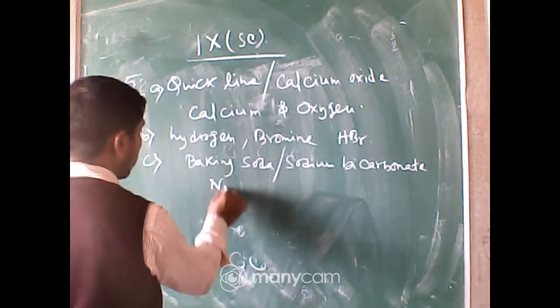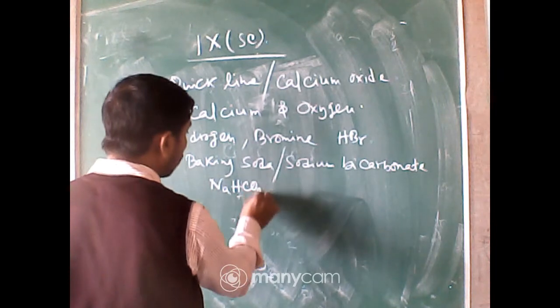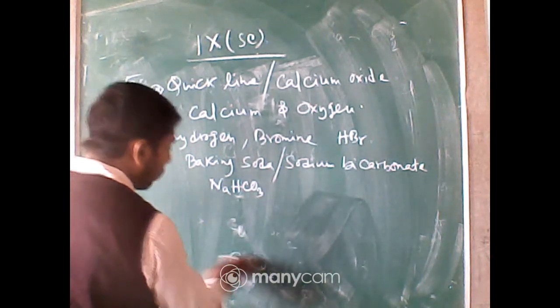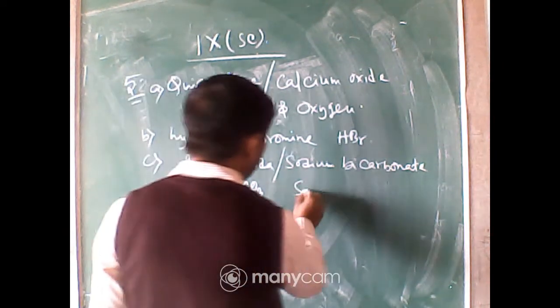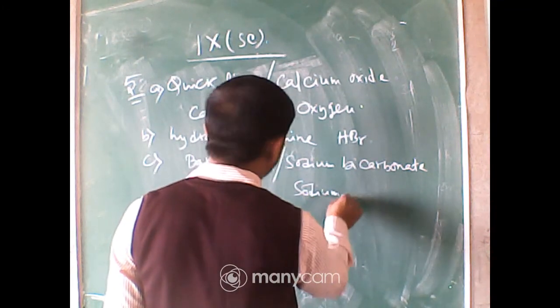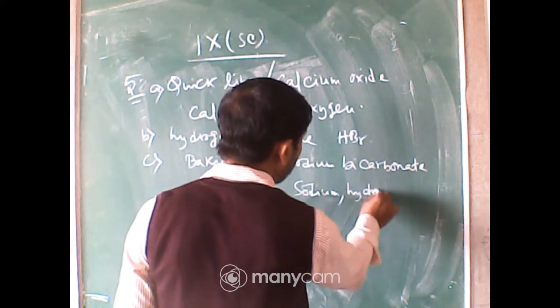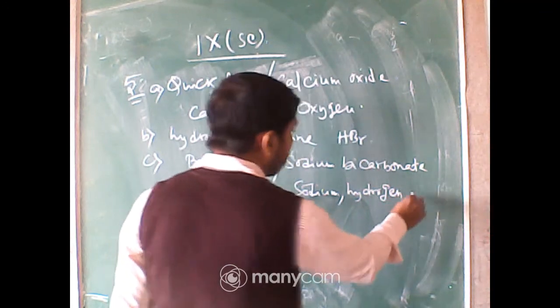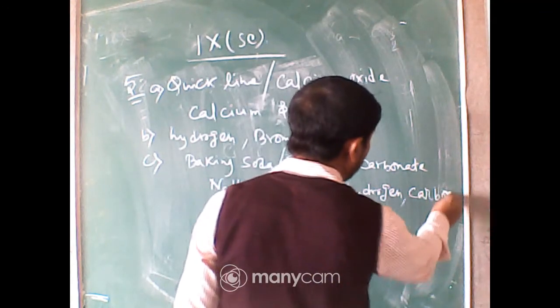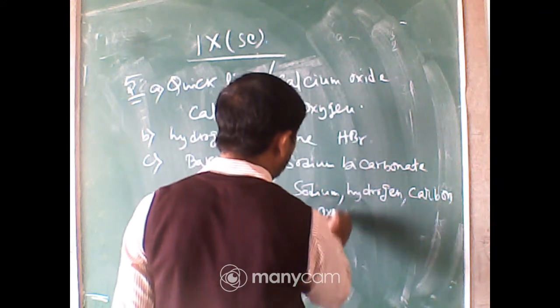Formula is NaHCO3. Now you can find out the compositions here. The compositions are sodium, hydrogen, carbon and oxygen. Clear?